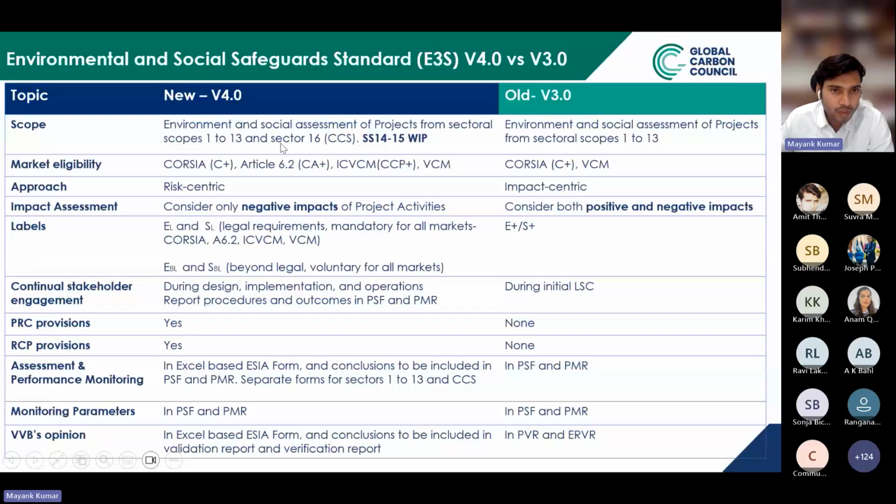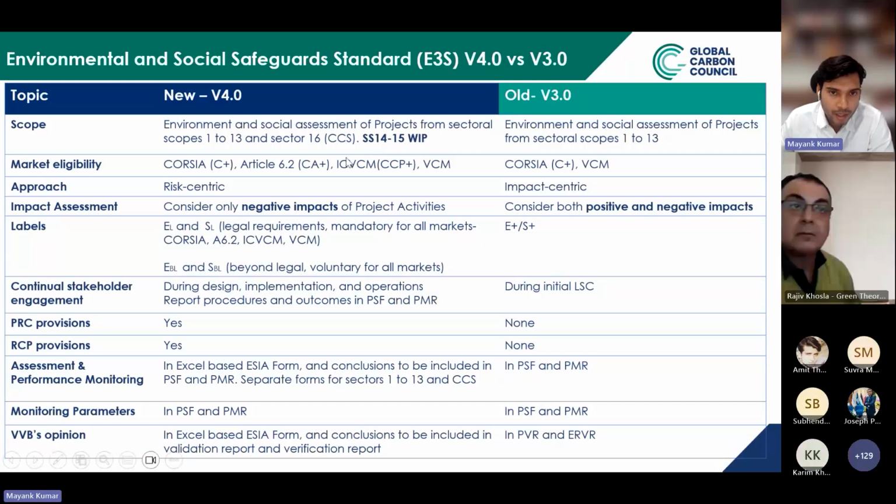So the latest version of the environmental and social safeguards standard applies to sectoral scopes 1 to 13 and sectoral scope 16, which is CCS. The requirements are not there for sectoral scopes 14 and 15, which are agriculture and AFOLU. This is work in progress. So we may come up with a different standard for these sectors, or we may include rules within the same standard.